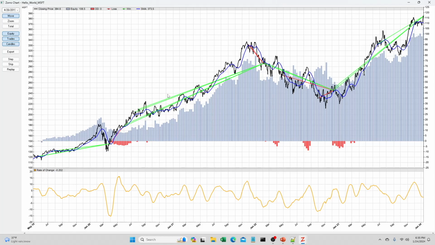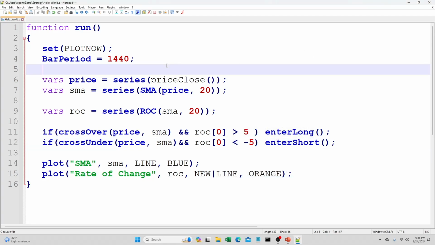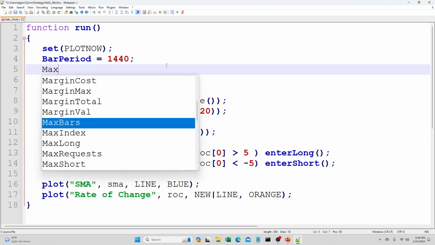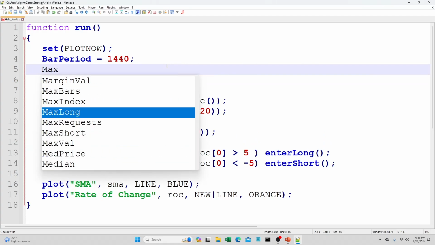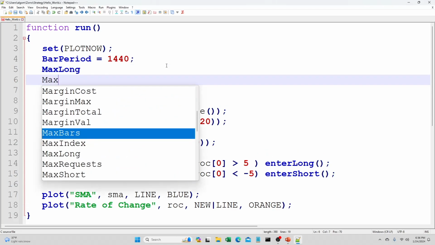The grand idea here is that if you don't want this kind of behavior with this strategy or any other strategy, well, then it's time that I introduce to you, beyond the ADX and the rate of change market filters, 2 new internal Zorro variables, and these are MaxLong and MaxShort.